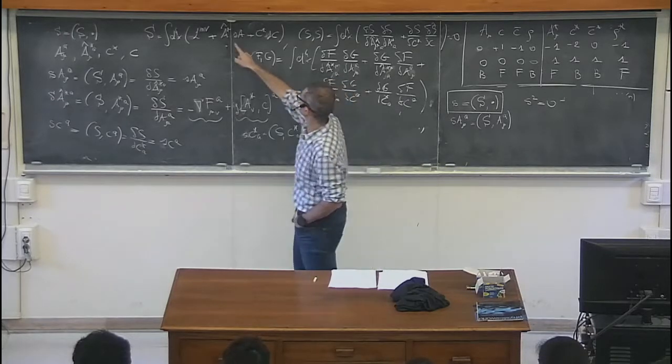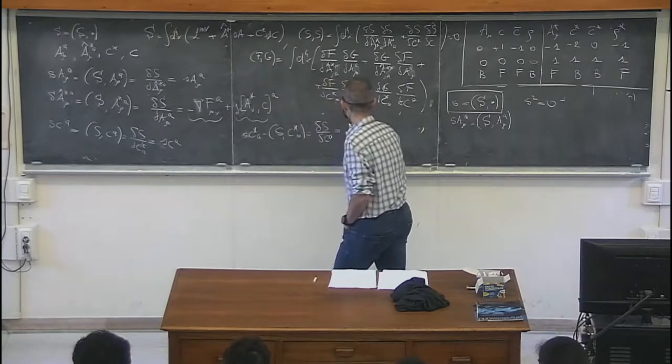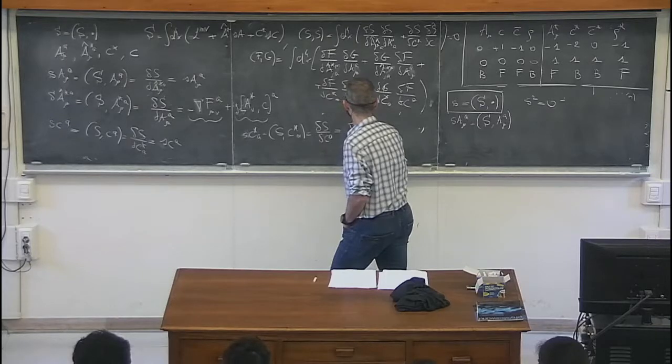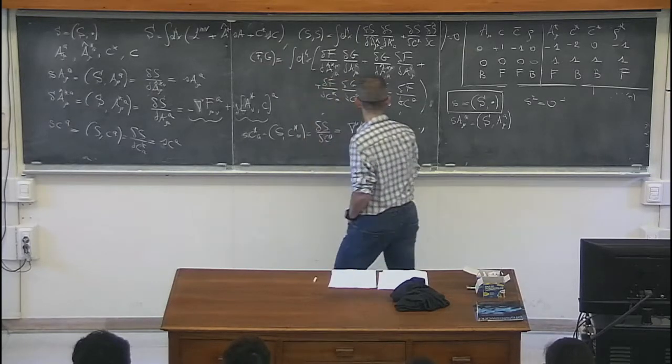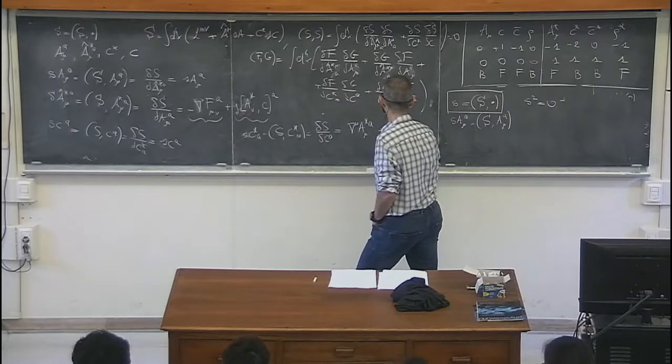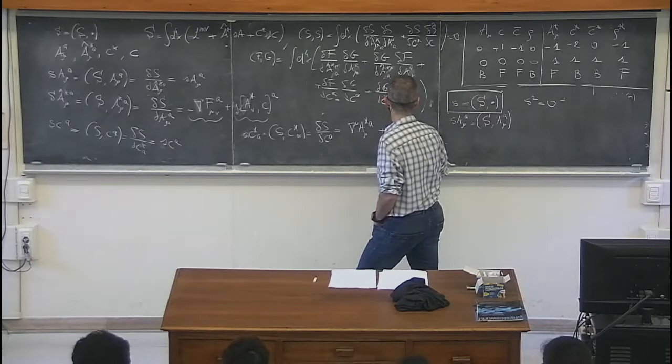You pick up two pieces. One piece is coming from here, which is just the covariant derivative of A mu star a, and there is another piece coming from here, which is plus i g of C star C a.